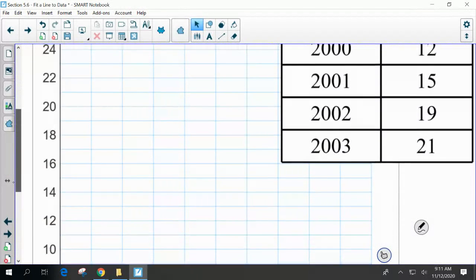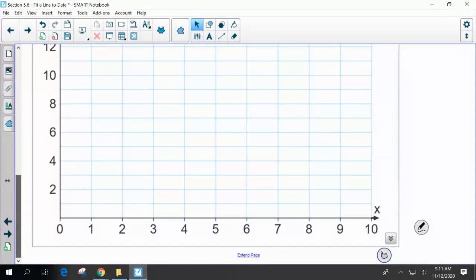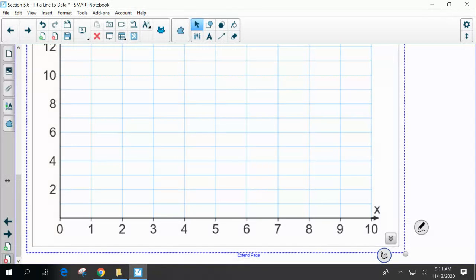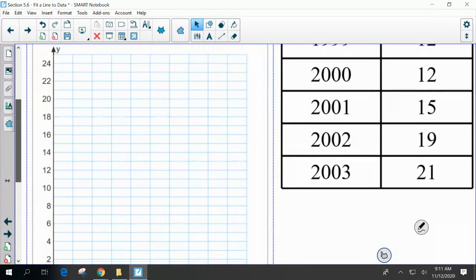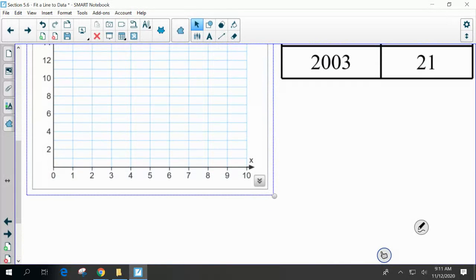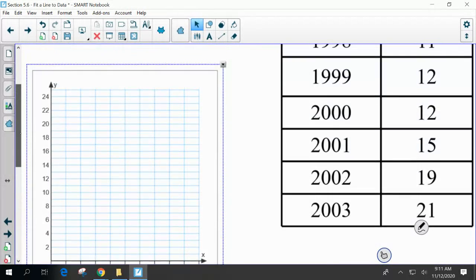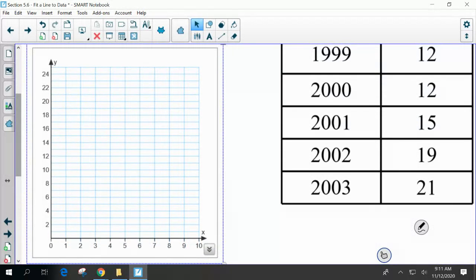So I need to make this smaller. Okay, so if I graph, my first point would be 2, 8 for 1997. And then 3, 11.